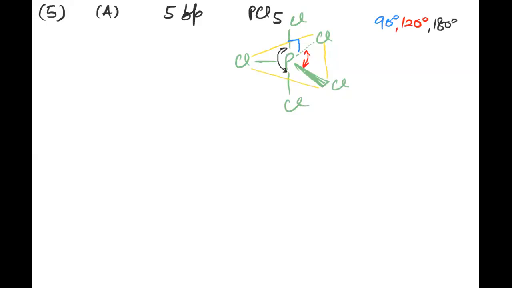This is found to be the most conceptual geometry of VSEPR theory, and it is also known as trigonal bipyramidal geometry.